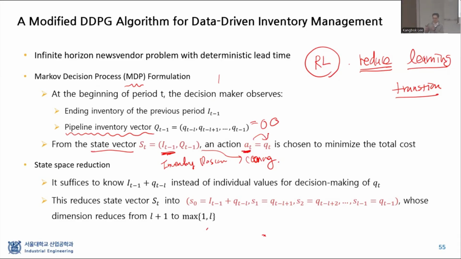Not exactly the next period, but a certain period later, depending on the lead time, because the order quantity that I have made today may not come right now. It may come a little bit later than a certain period. So we need to specify this state vector, and then our action can be specified as a function of the state.